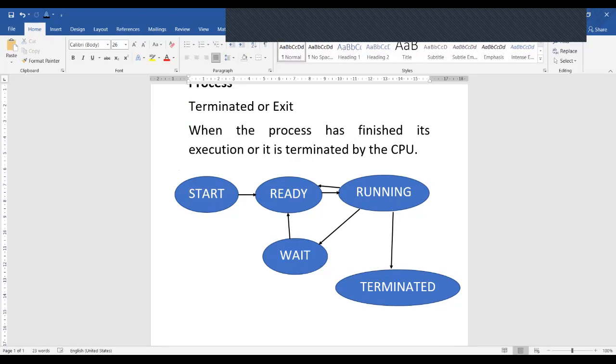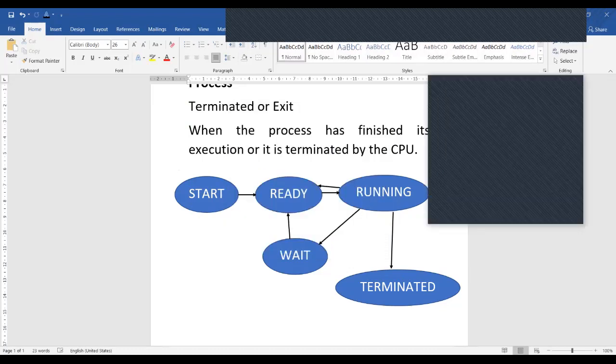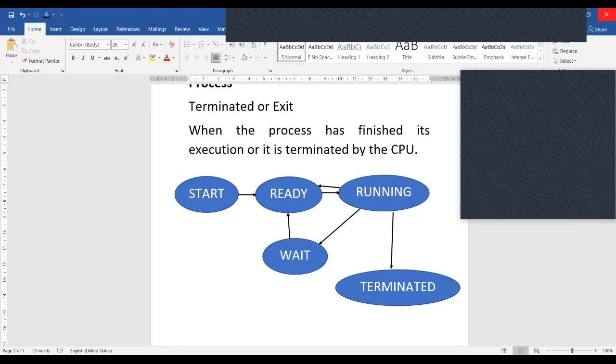Now I will ask one of you. Neha Gupta, unmute yourself. Can you tell me why there is a bidirectional arrow from ready to running?